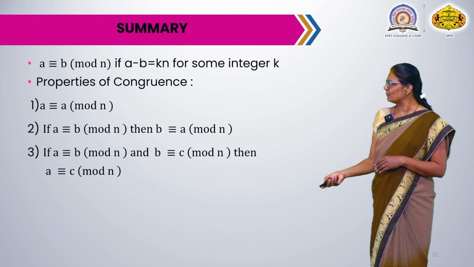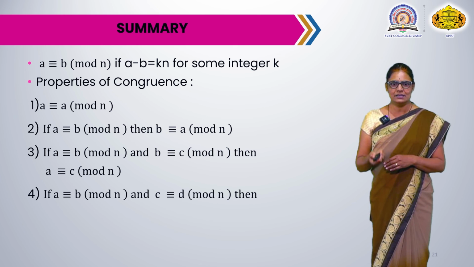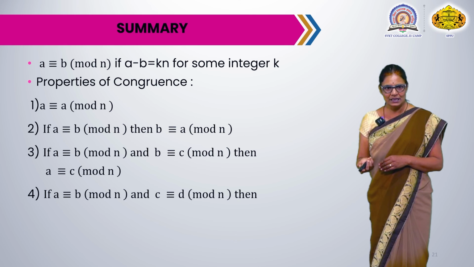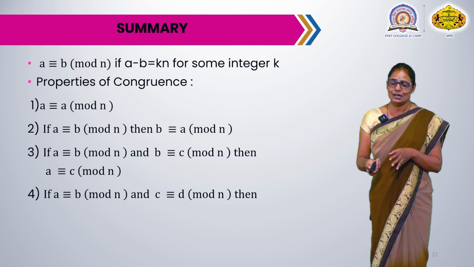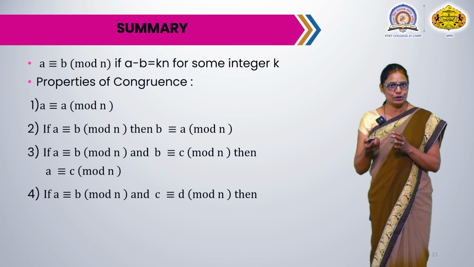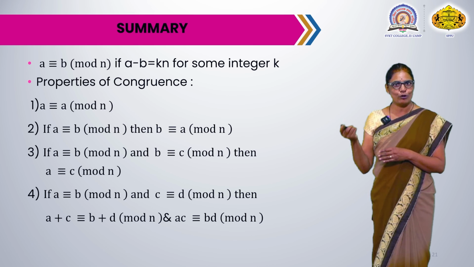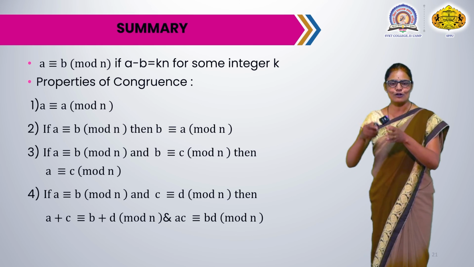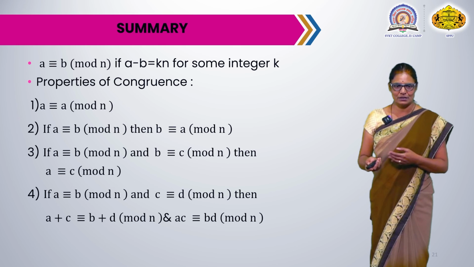The fourth property is, if A is congruent to B modulo n and C is congruent to D modulo n, then we can add these two congruences and multiply them just like regular equations. So A plus C is congruent to B plus D modulo n, and A times C is congruent to B times D modulo n. These are very easy to remember also.